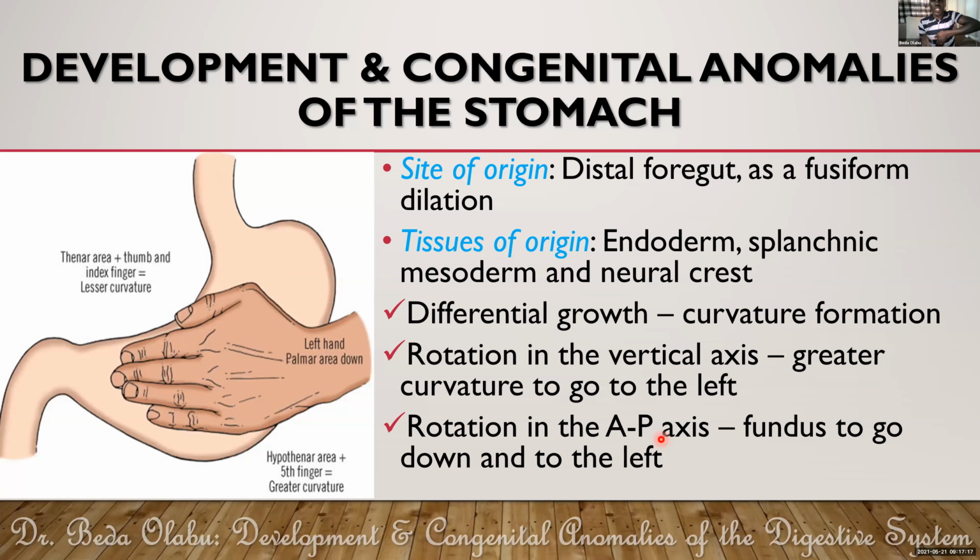Then try to make it rotate in the anteroposterior axis. Again, only one direction is possible, that way. The side of the pylorus, the tip of the fingers, will go up and to the right, while the side of the wrist, the fundus, goes down and to the left.